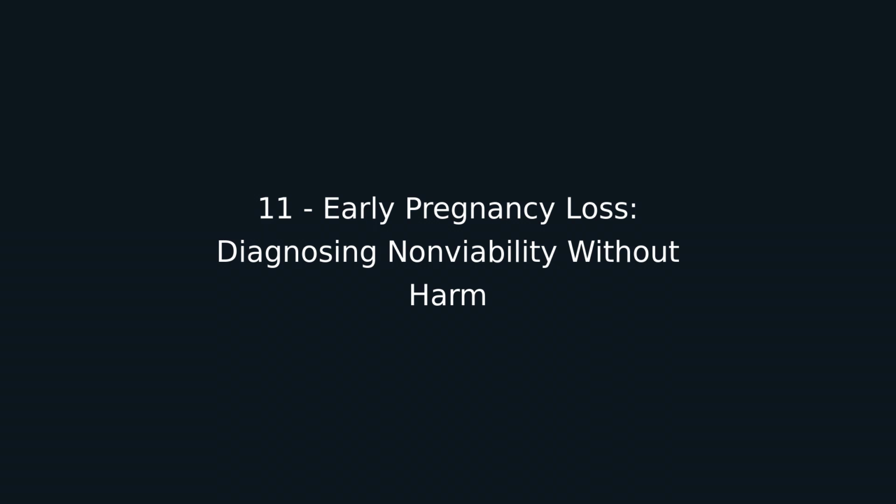The minimum evaluation for suspected ectopic pregnancy is confirmation of pregnancy and transvaginal ultrasound. Serial ultrasound, serial HCG, or both may be required. If the patient is unstable or has an acute abdomen, urgent evaluation and treatment take priority.